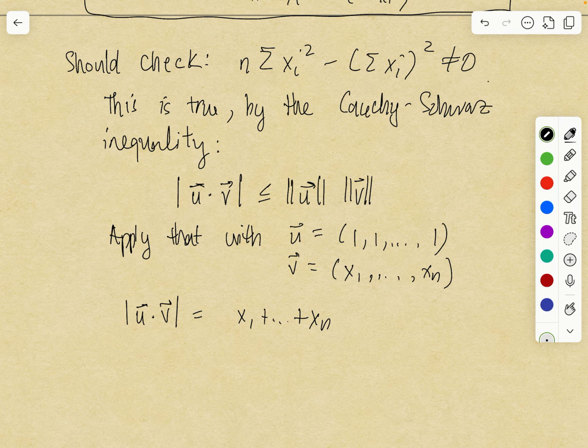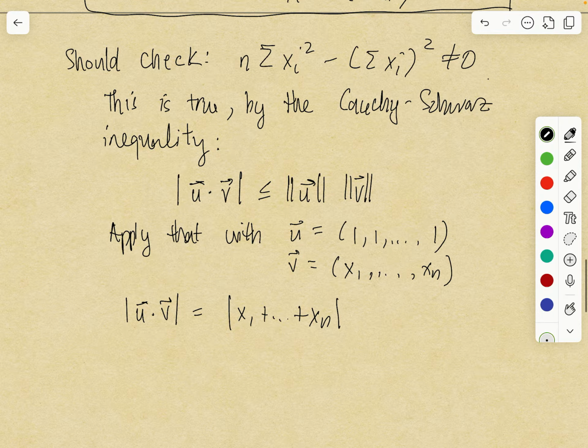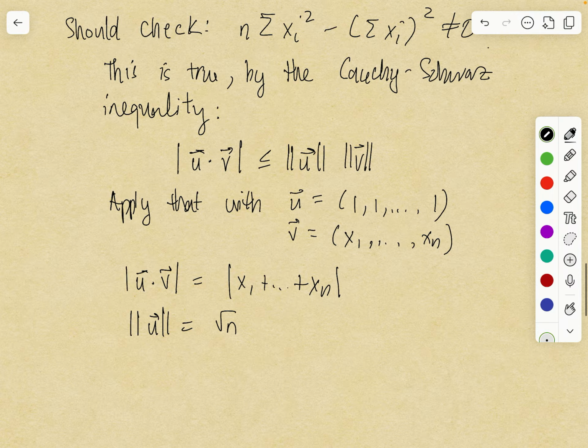So it's just the absolute value of this, and then the length of u is just the square root of n, and the length of v is the square root of x1 squared plus dot dot dot plus xn squared.